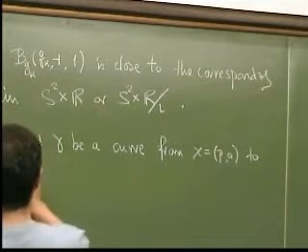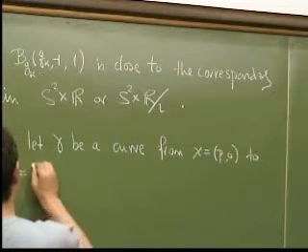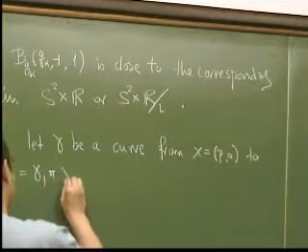gamma is made of two parts. It's gamma 1 joined with gamma 2.